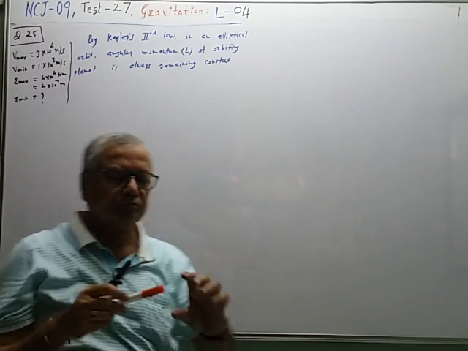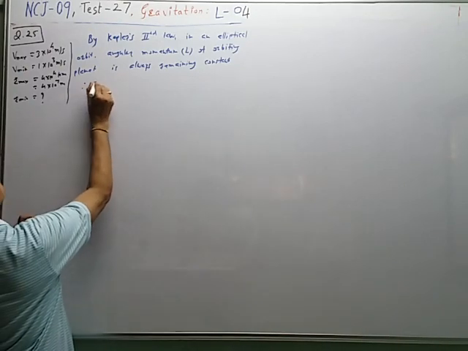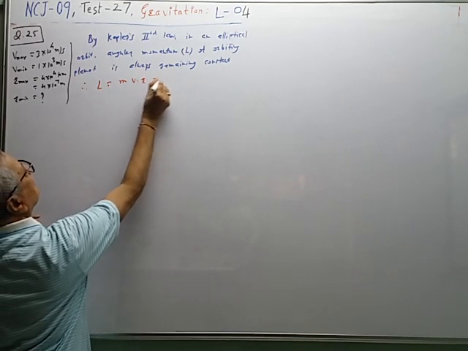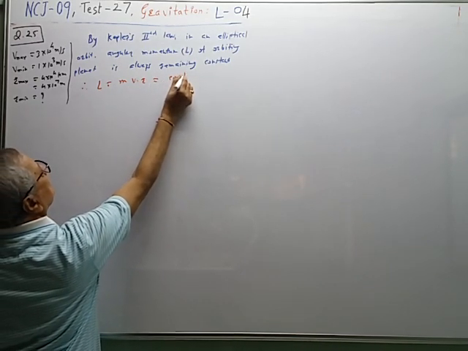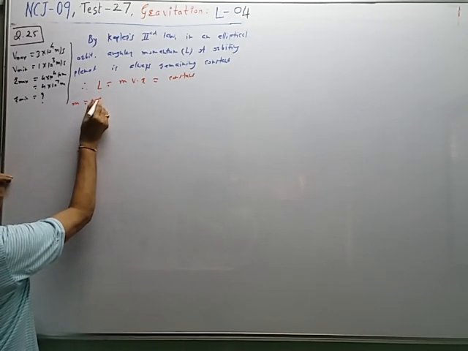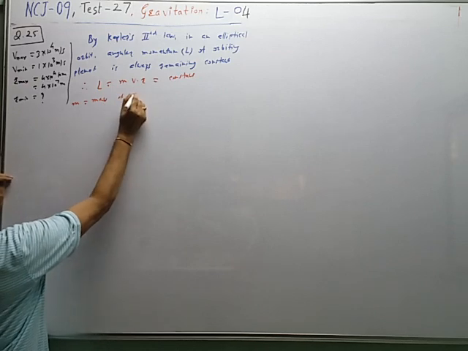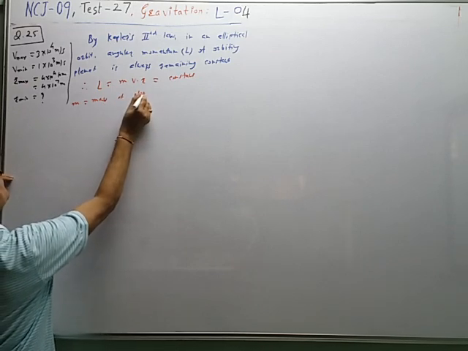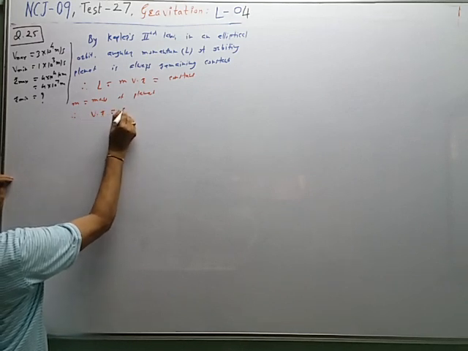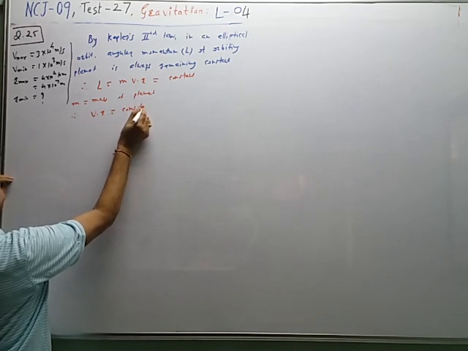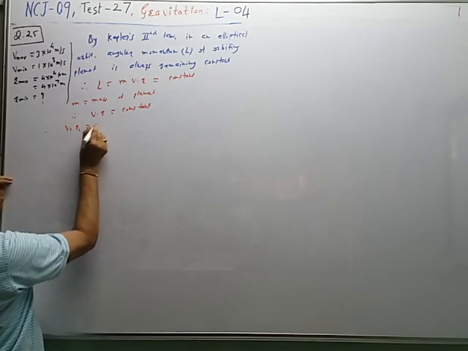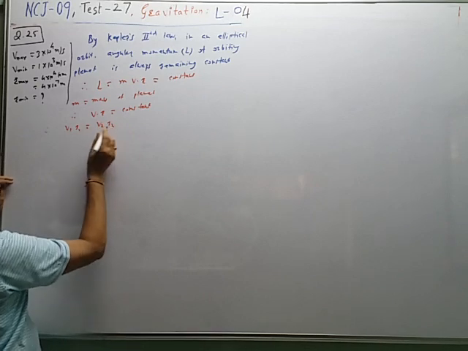Therefore, L is equal to m into v into r is equal to constant. m is equal to mass of planet. Therefore, v into r is equal to constant. Therefore, v1 r1 is equal to v2 r2.